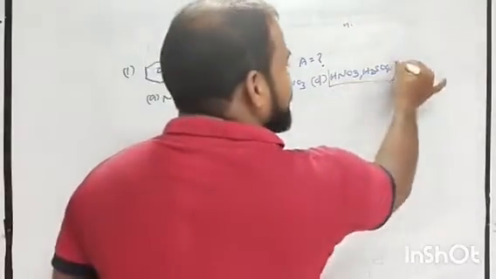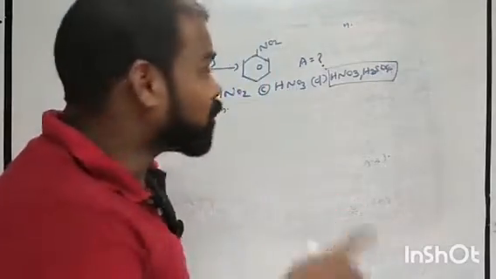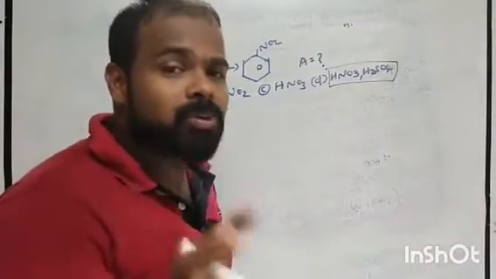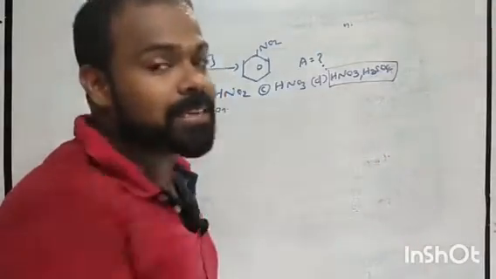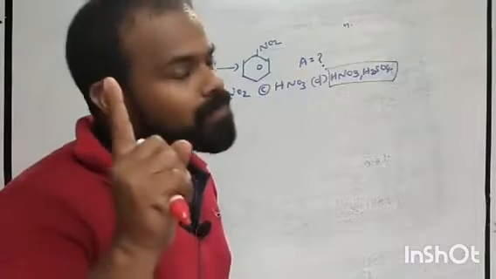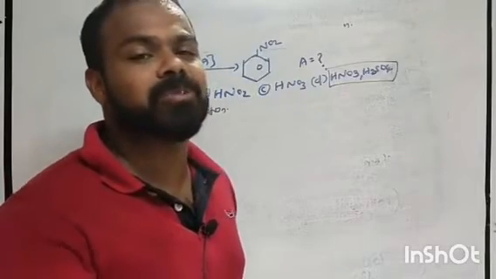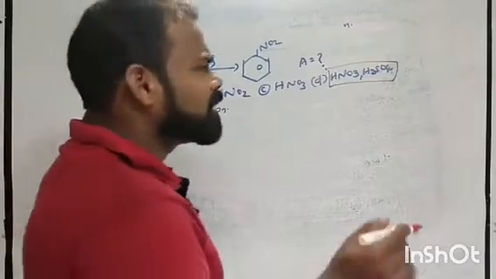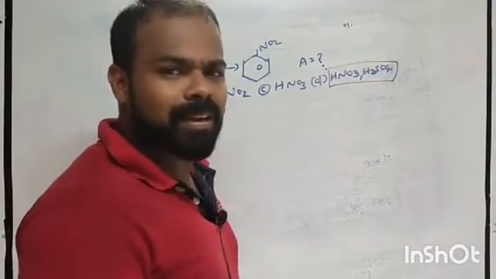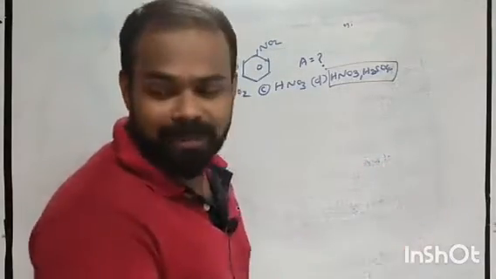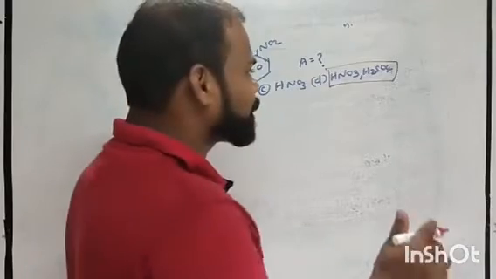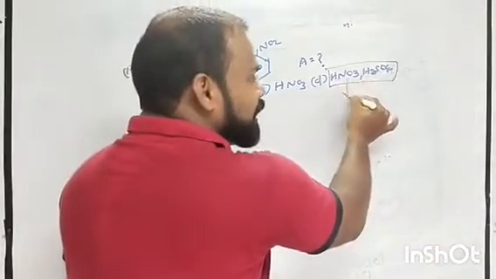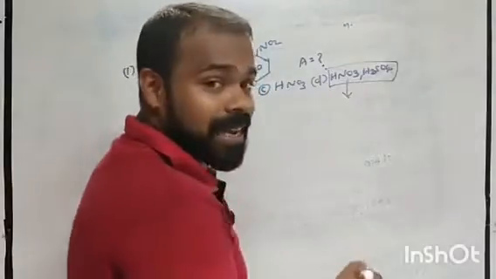Here may be a doubt: in HNO3 and H2SO4, which one is which? Both are acids, but two acids cannot be active in the same reaction. One should be acid and the other should be base. Which one is base? We don't need to explain the mechanism. Just listen: in HNO3, only the NO2 is taken.